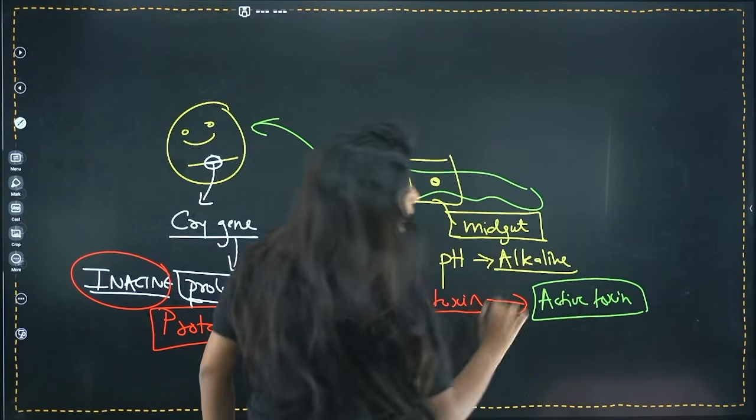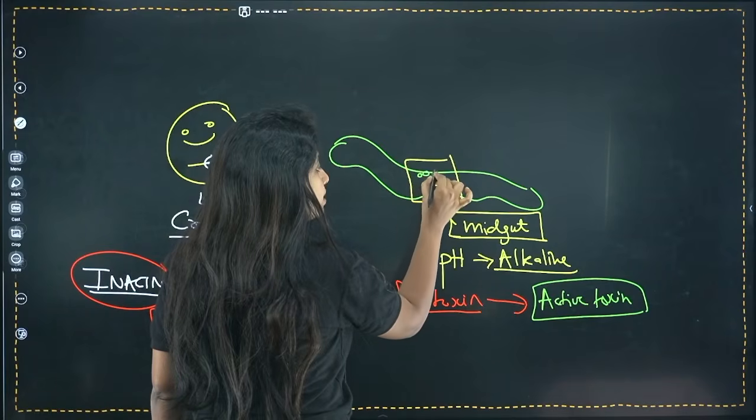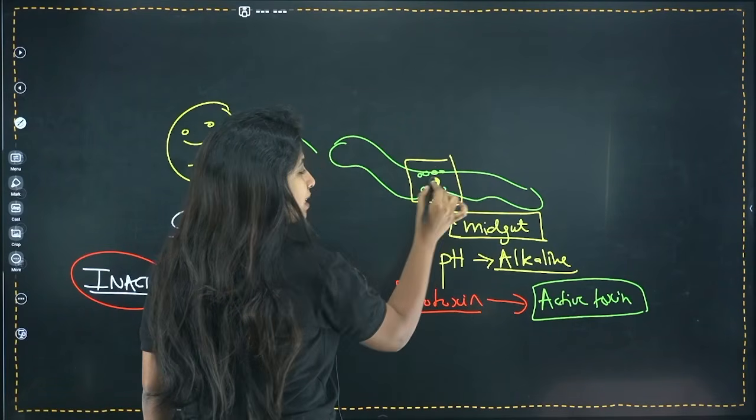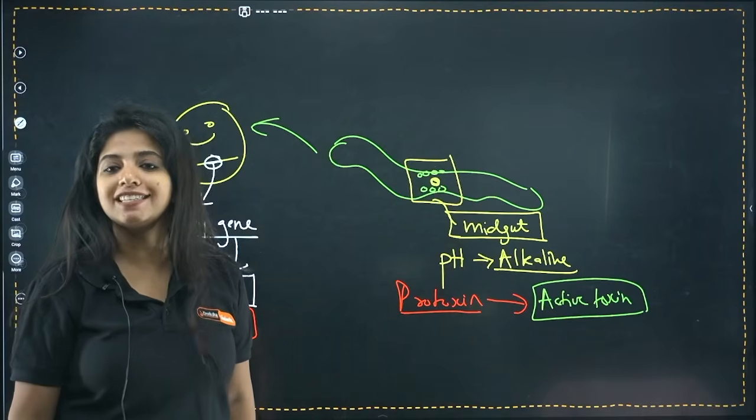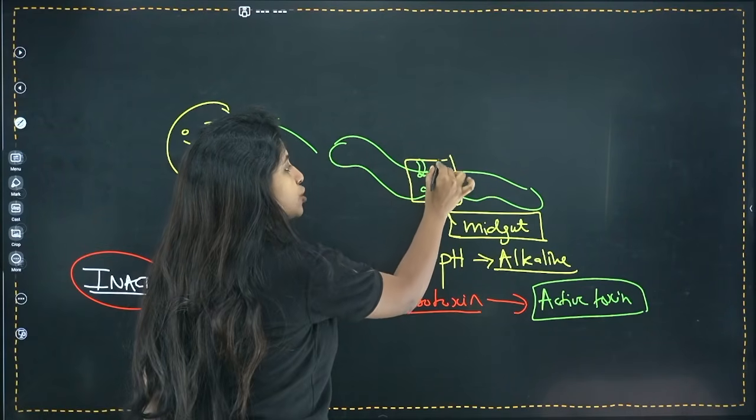And what is this active toxin going to do? It is going to mess up the epithelial cells, that is the lining of the mid-gut region, and later it can lead to perforation as well.